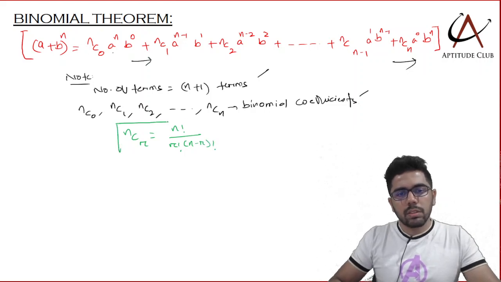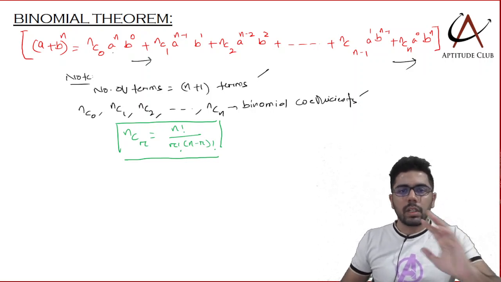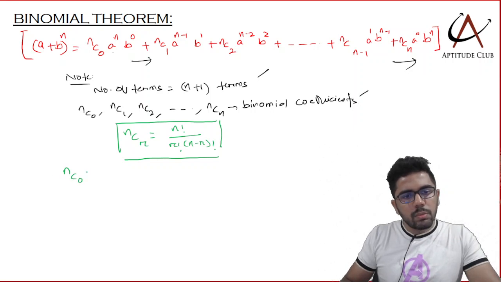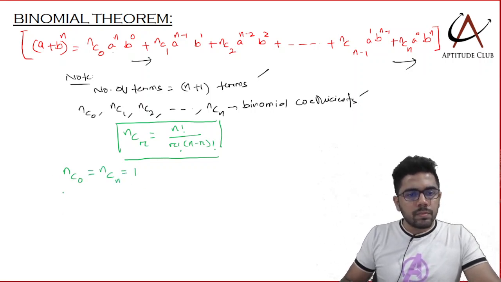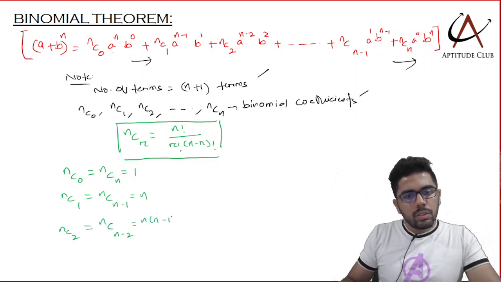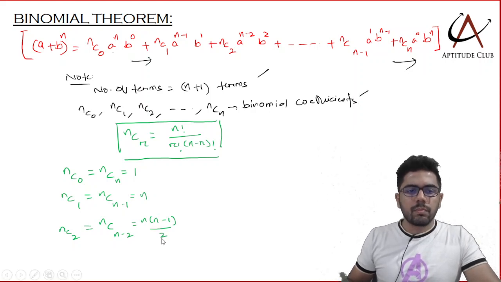For quicker calculations, you can remember it in this way: nc0 is equal to ncn is equal to 1. nc1 is equal to ncn minus 1 is equal to n. nc2 is equal to ncn minus 2 is equal to n into n minus 1 by 2.